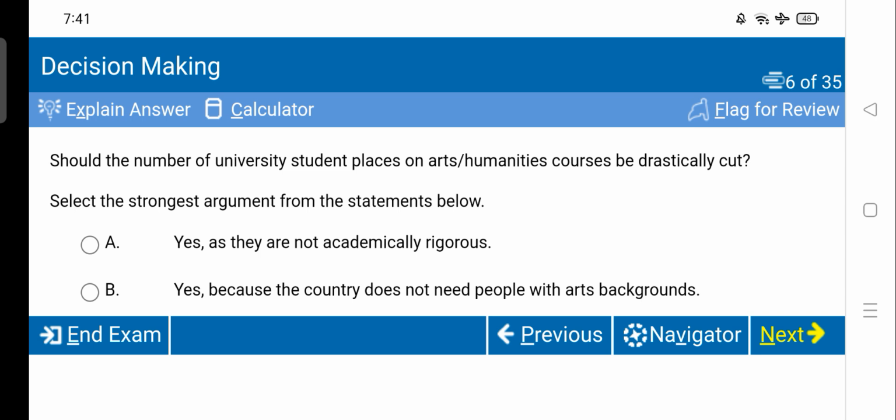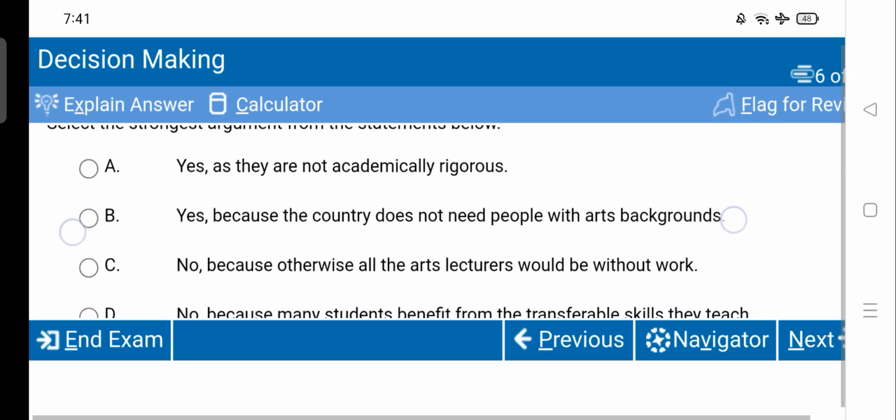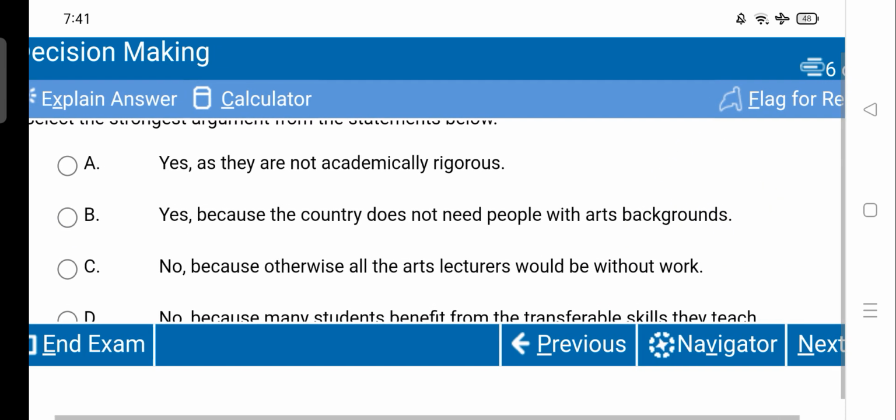Should the number of university student places on arts or humanities courses be drastically cut? Select the strongest argument from the statements below. Option A, yes, they are not academically rigorous.